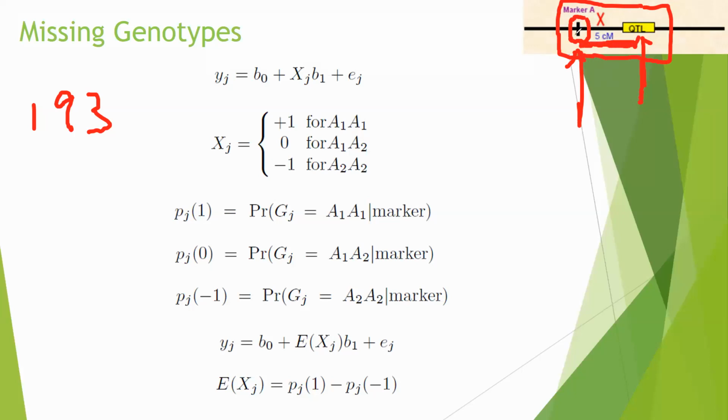There's a strong linkage between this marker and the QTL of interest, right? So this is the basis we're going to use to test each possible locus on the genome and find out the potential QTLs for the traits.